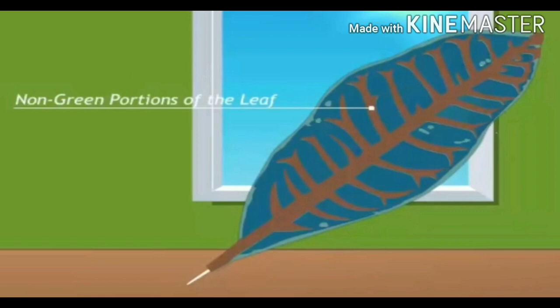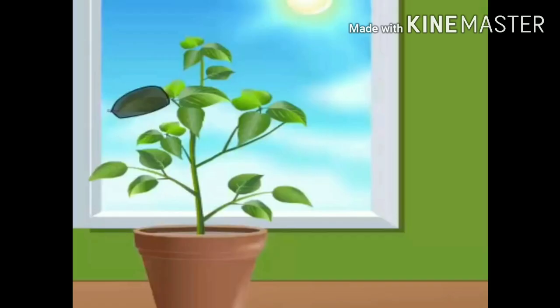Bluish black color appears where the leaf was green. Pale color represents the non-green areas. As starch develops only after photosynthesis, the chlorophyll containing areas perform photosynthesis. Therefore, chlorophyll is necessary for photosynthesis.